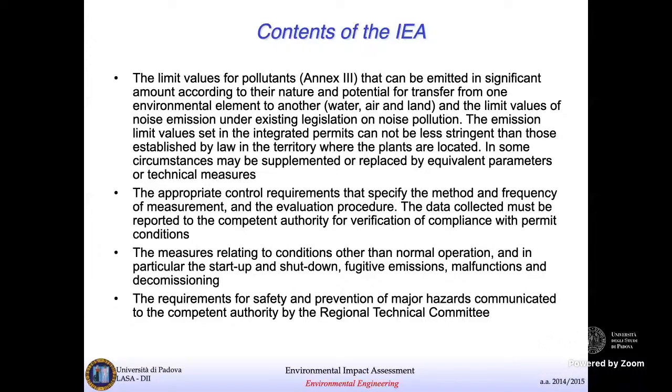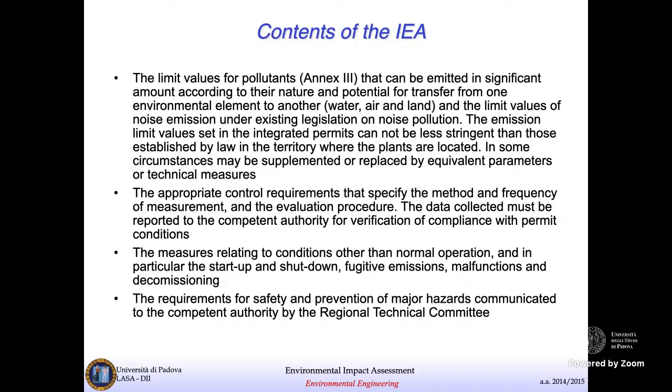This has to do with the fact that in Italy we sometimes have overlapping legislative mechanisms, where some aspects of national legislation, or better, regional legislation, may overlap with what was already defined by regional legislation.